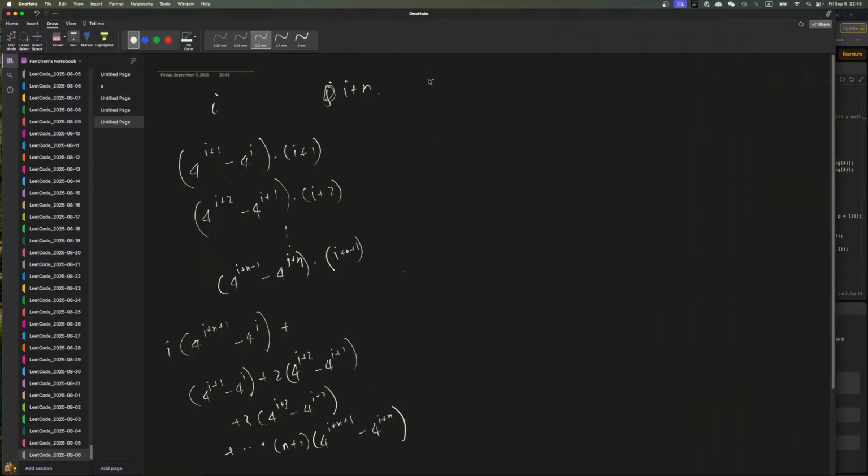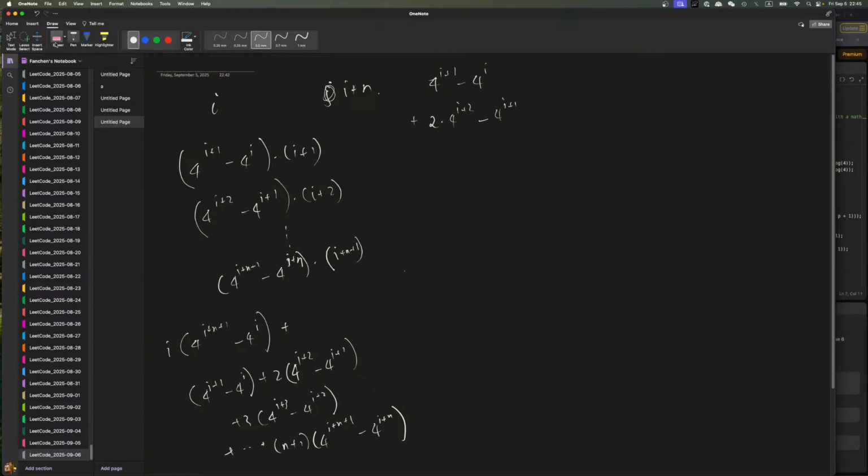Look. We have 4^(i+1) minus 4^i. Basically, we'll say plus 2 times (4^(i+2) minus 4^(i+1)). So let's remove the 2. I remove this, so I put a 2 in it.